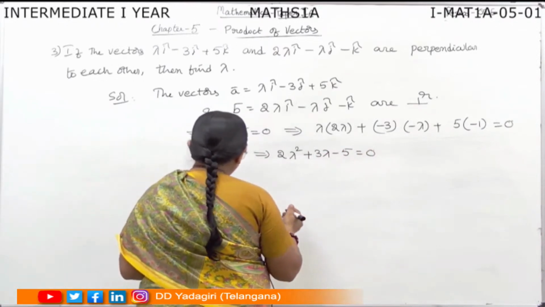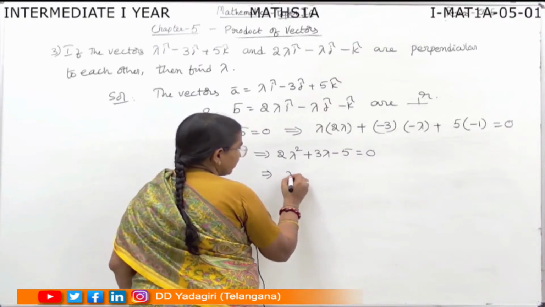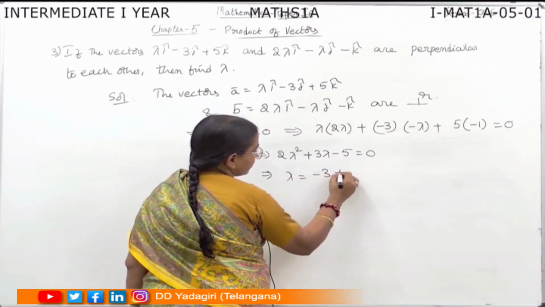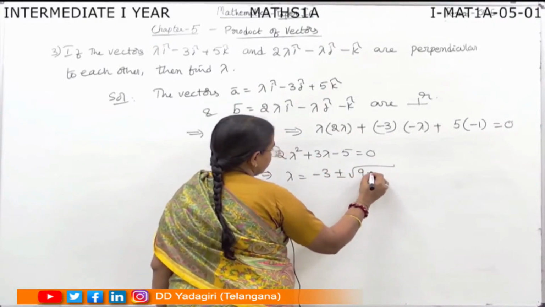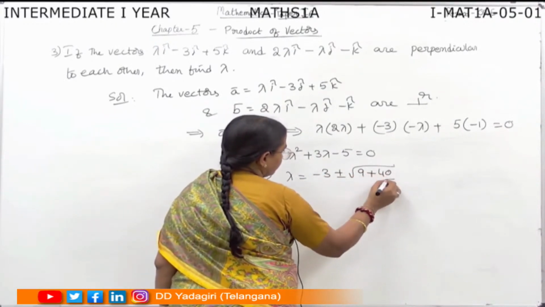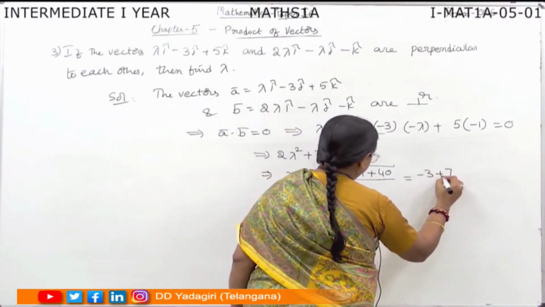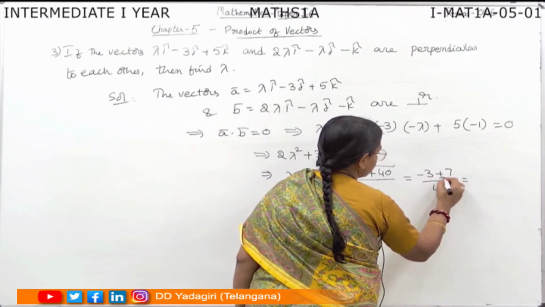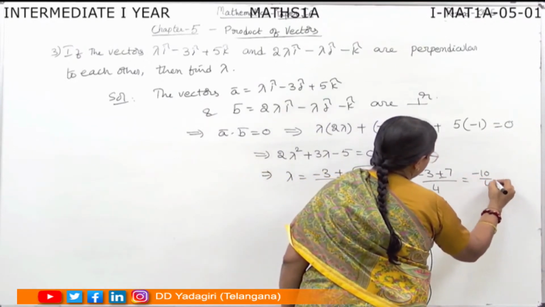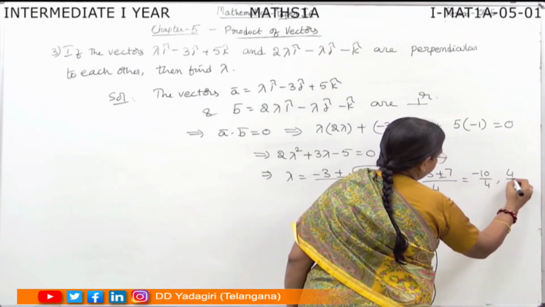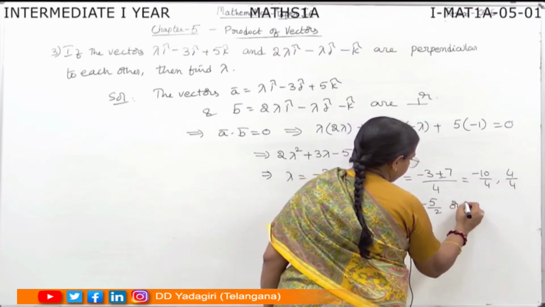So you can find factors, or you can also use the formula lambda is equal to minus b plus or minus root of b square minus 4ac by 2a. You can use either this formula, or you can use factors: minus 10 by 4 or 4 by 4, that means minus 5 by 2 or 1.